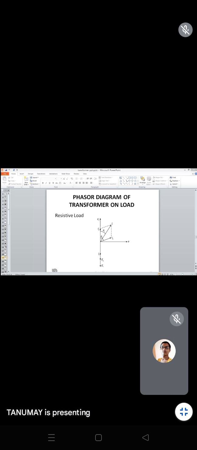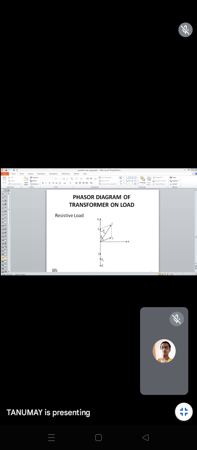Now this is the equivalent circuit of a single phase transformer. I told you in an earlier slide that in a transformer there are two different electrical circuits. There is no electrical connection between the primary and secondary sides, but there is electromagnetic induction between the windings.